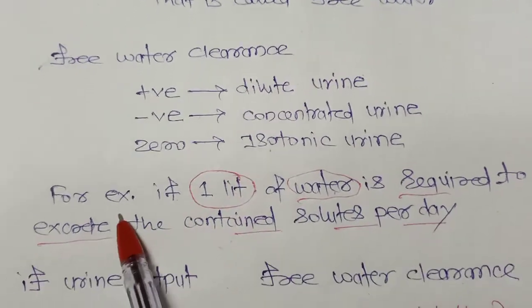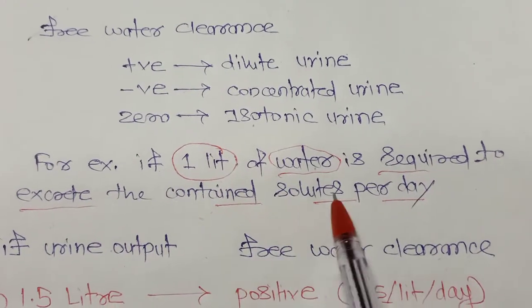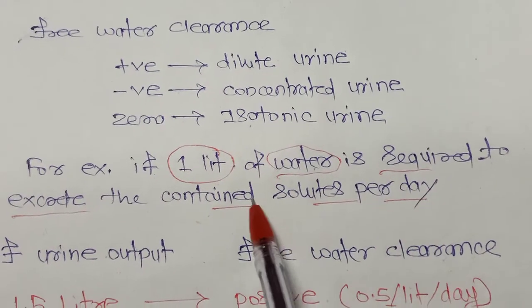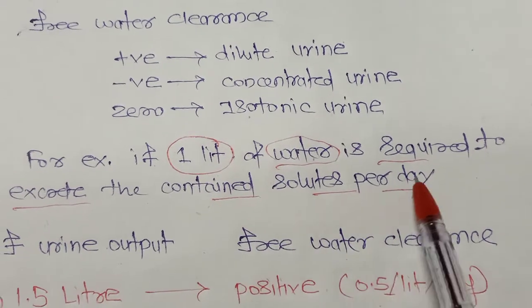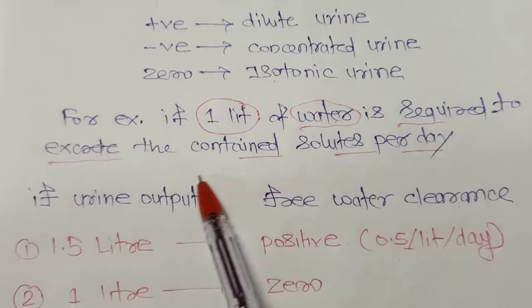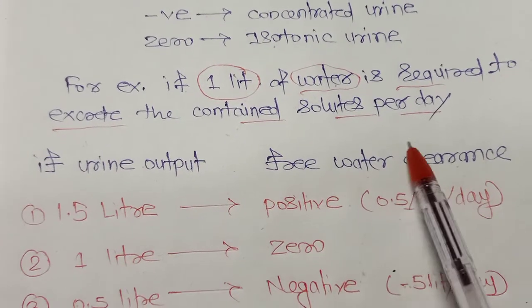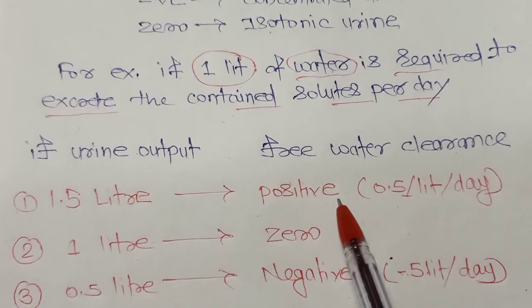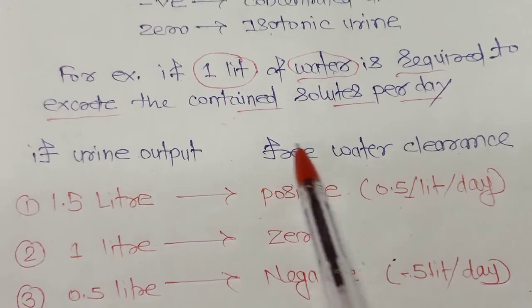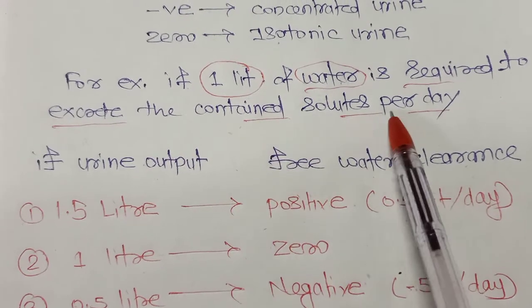Now we'll take an example. If 1 liter of water is required to excrete the contained solutes per day, and the urine output is 1.5 liters, then free water clearance is positive. Why is free water clearance positive? Because only 1 liter of water is required to excrete the contained solutes per day.